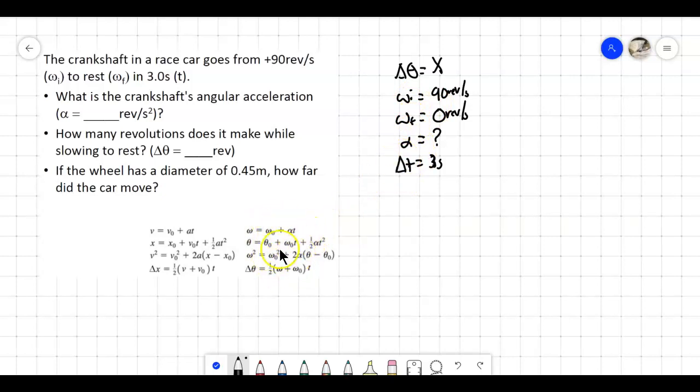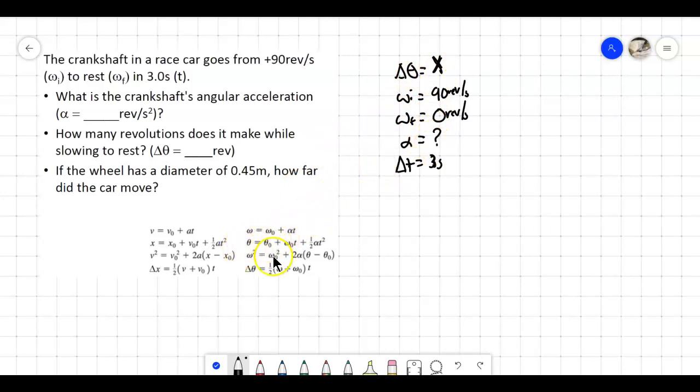Well, let's look at this equation, and actually counterintuitive, you want to look for the one equation where the variable that we don't have is not given. So delta theta we don't have, and we're not trying to find delta theta, we're trying to find angular acceleration.